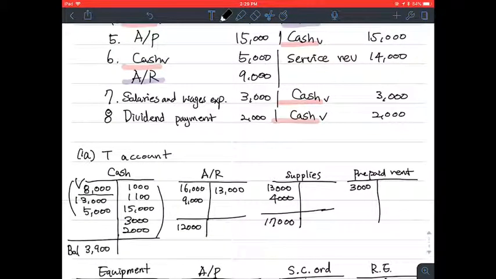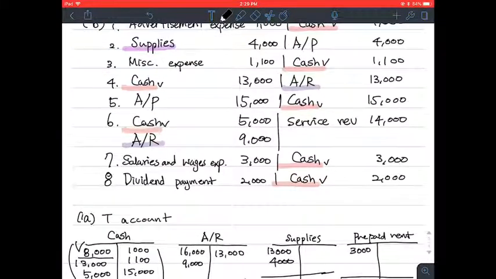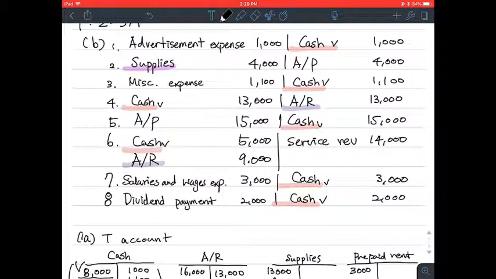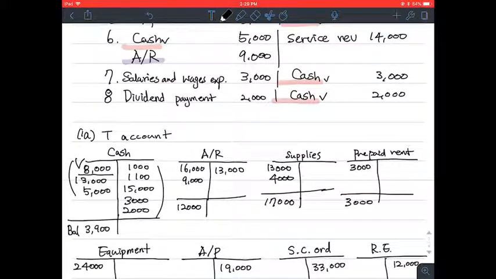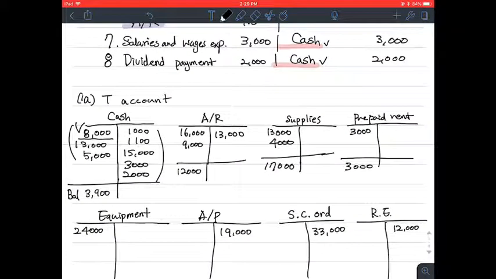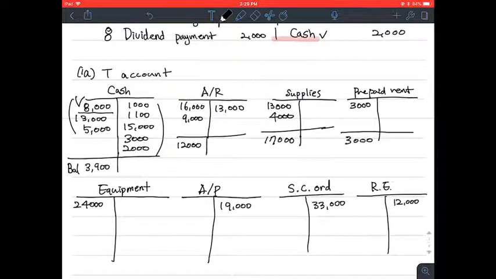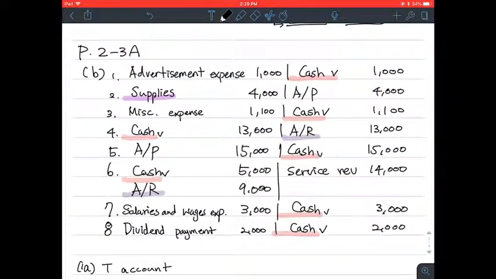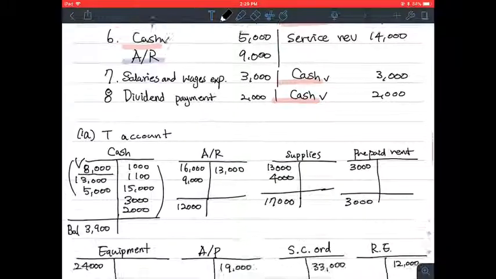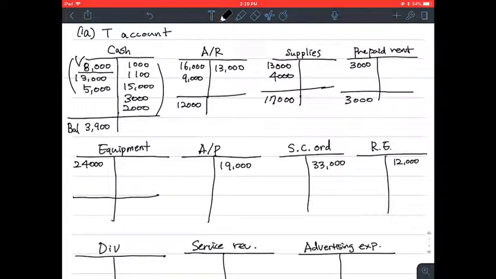We don't know, but we may guess. Anyways, for prepaid rent, there was no prepaid rent activity, right? So we would just leave it blank, and the balance should be 3,000 in the ending. And for equipment, we check whether we purchased some equipment or not. There was no equipment purchase, right? So we just leave it blank again.